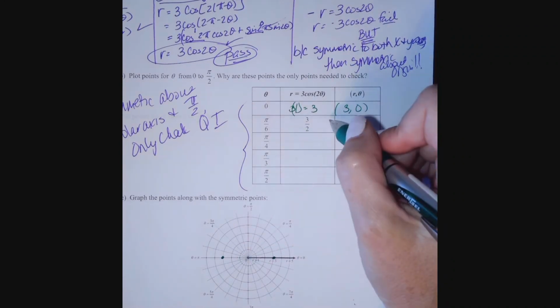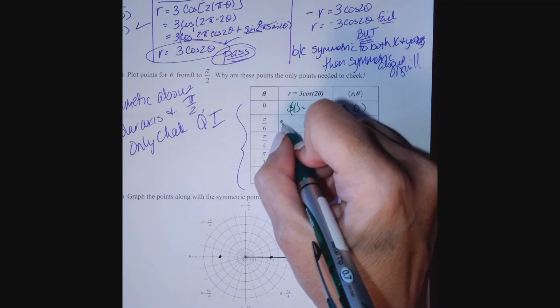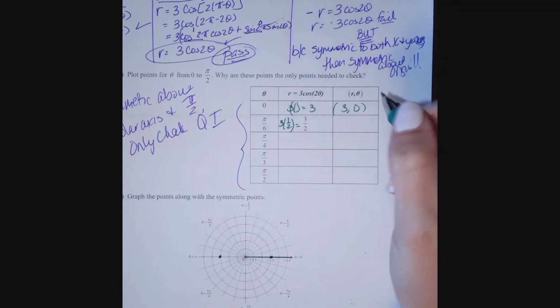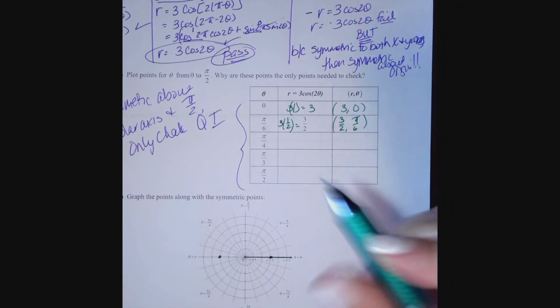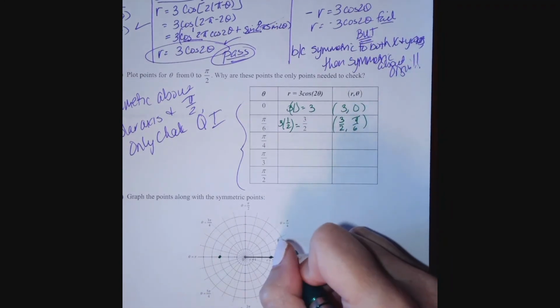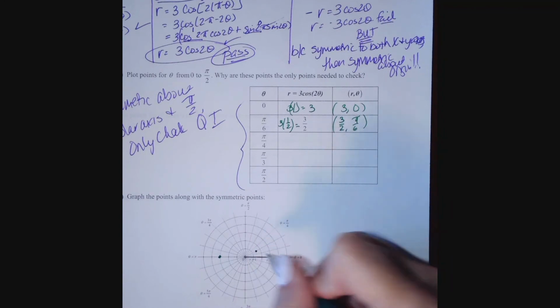Okay, pi 6. At pi 6, we have 3 times a half, which is 3 halves. So at pi 6 right here, we have 1.5, so that's there.